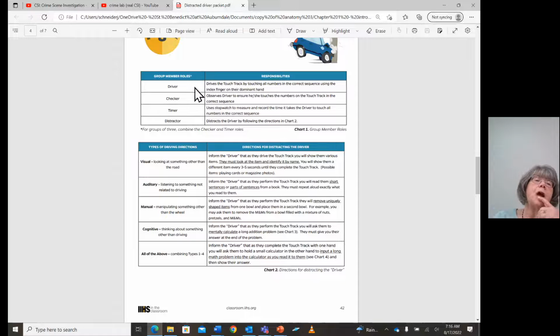You could be the driver and the timer, with your phone beside you to start and stop it. Your partner could be the checker and the distractor. They check your work, making sure you're staying on track while they're trying to distract you.